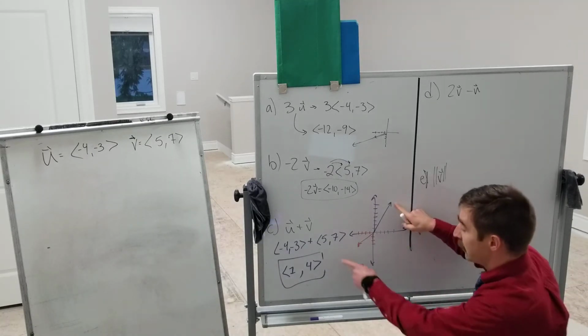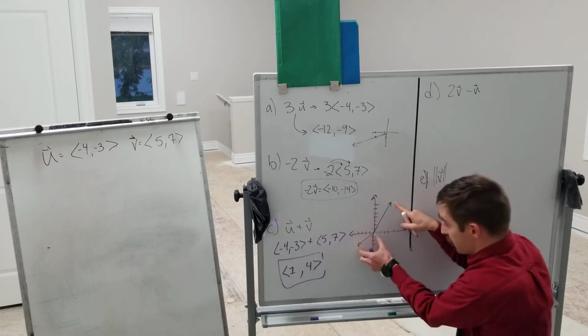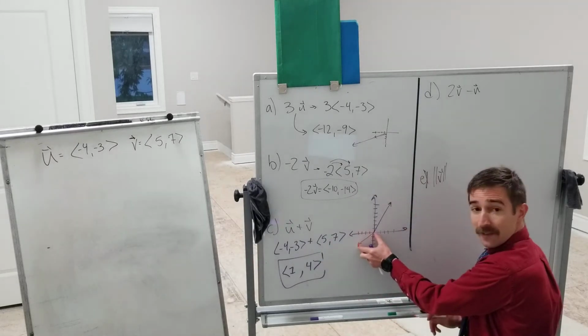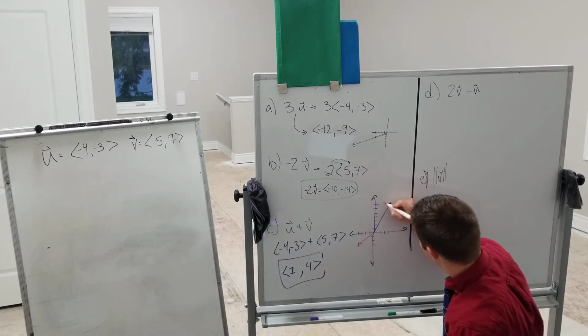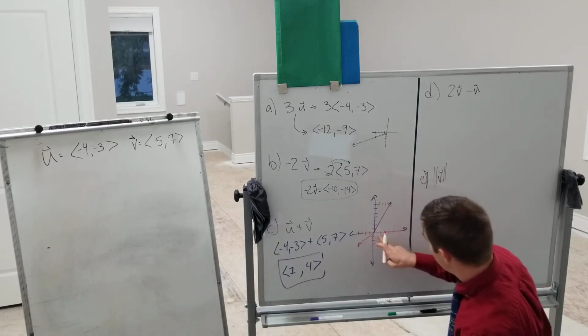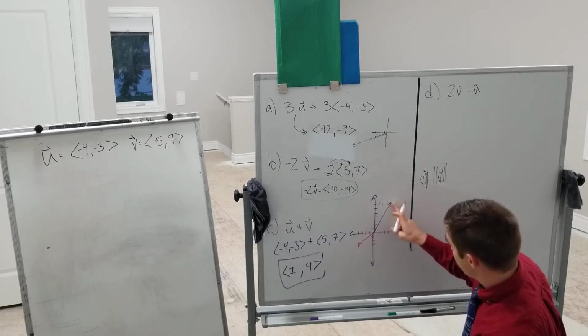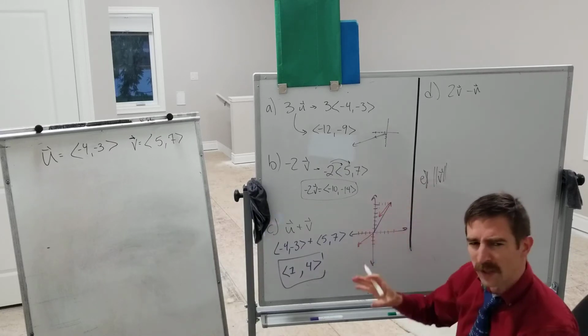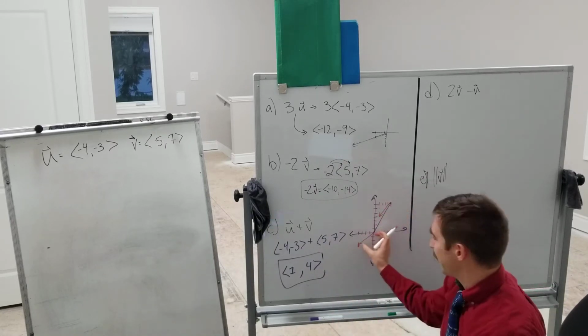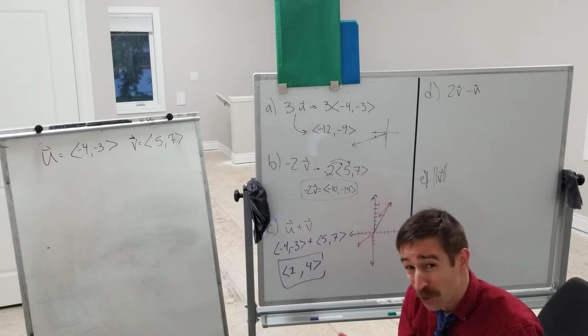So I can go at the end of the 5, 7, and I can just copy this -4, -3 and paste it on the end. I can go -4, 1, 2, 3, 4. So it would go to here, right? Because this was actually supposed to go to 5. And then down 1, 2, 3. I know they look weird. This should look exactly the same as that. It doesn't because I'm drawing it on a whiteboard.